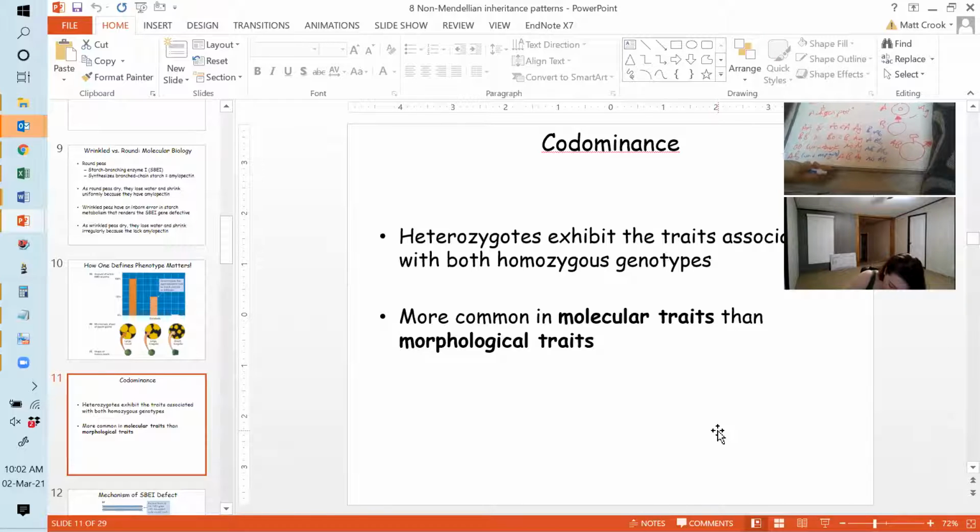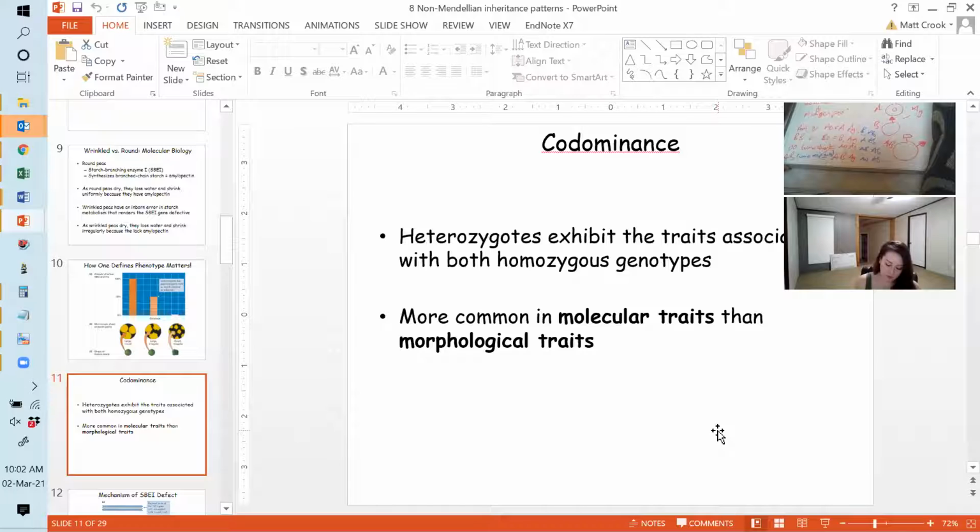So now you have 3 alleles for one gene. You have 1, 2, 3, 4, 5, 6 different genotypes and 4 different phenotype combinations essentially. Because the phenotypes from both of these dominant alleles can be expressed at the same time.